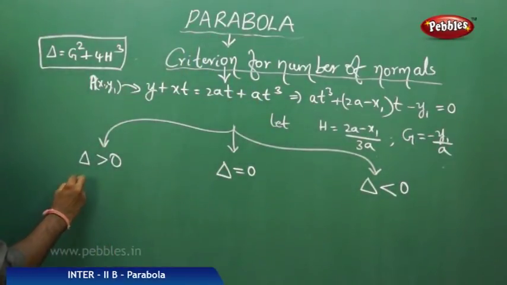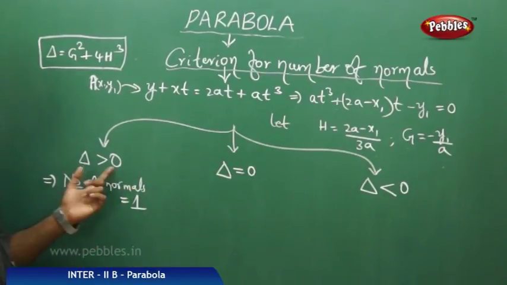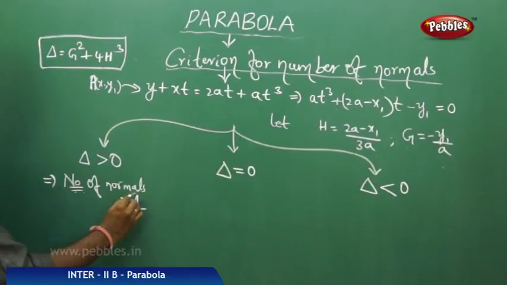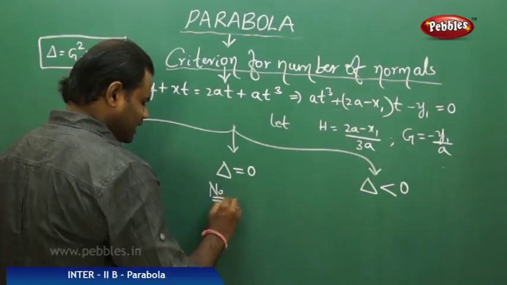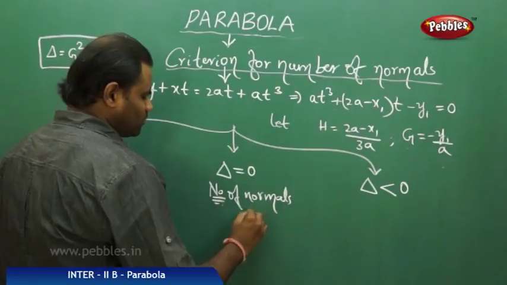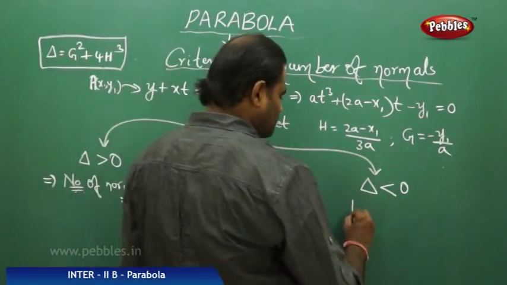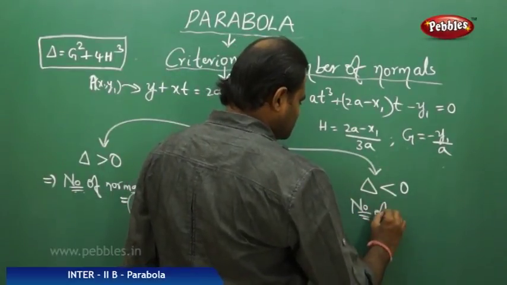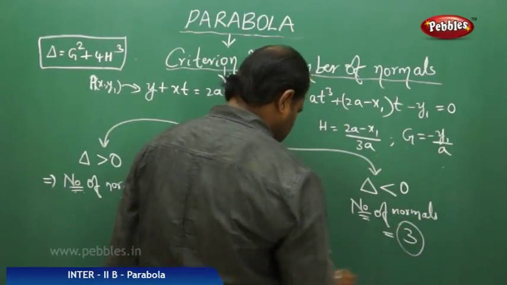So if delta is greater than 0, I get the number of normals to be 1. If delta is equal to 0, then the number of normals is 2. And if delta is less than 0, the number of normals is 3.